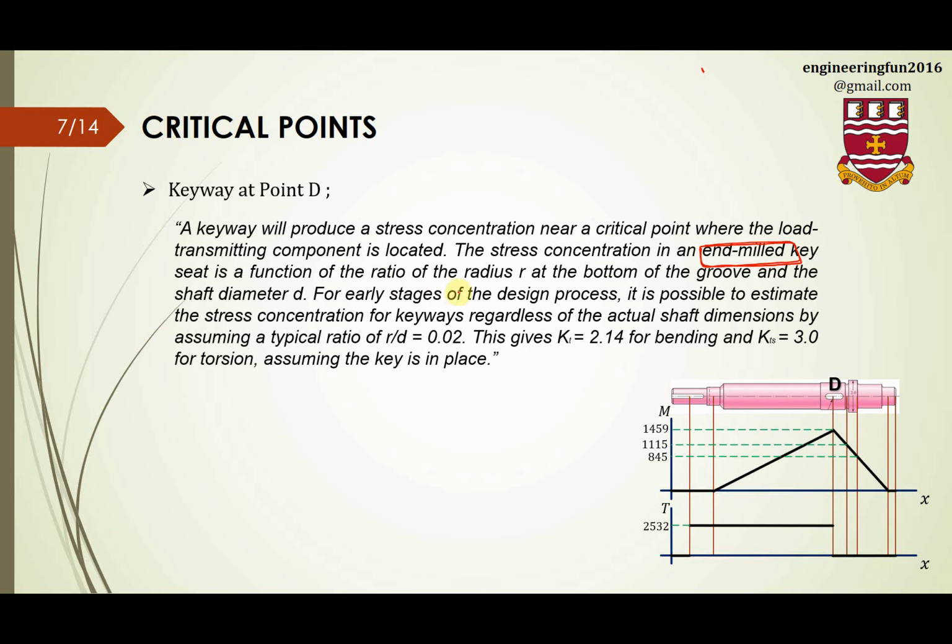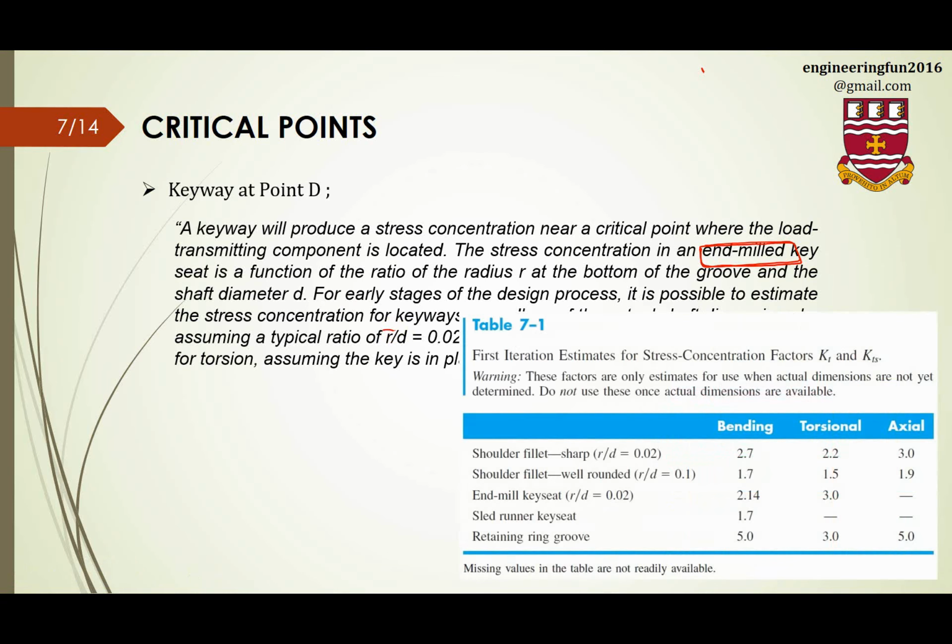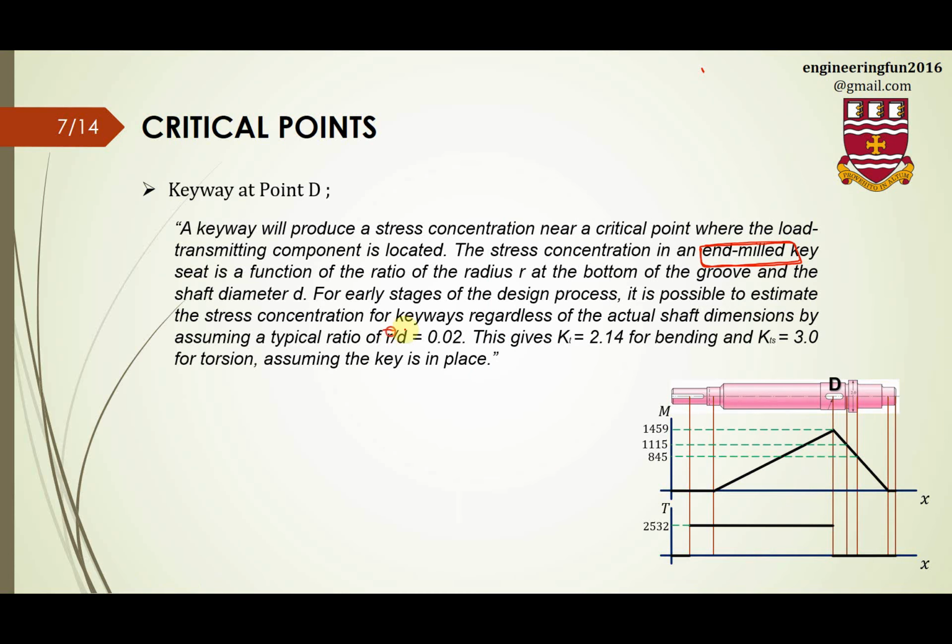For earlier stages of the design process, it is possible to estimate the stress concentration for keyways regardless of actual shaft dimensions by assuming a typical ratio of r over d equals 2%.